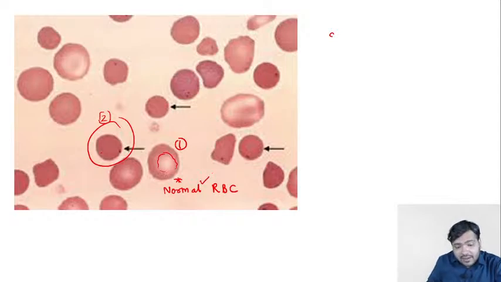And in the second one there is no central pallor. And one more difference that I wanted to tell you, look carefully, the normal RBC is much bigger than this second one. The second one is smaller than the normal RBC, guys.